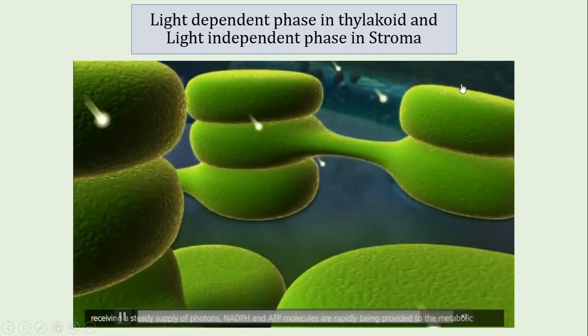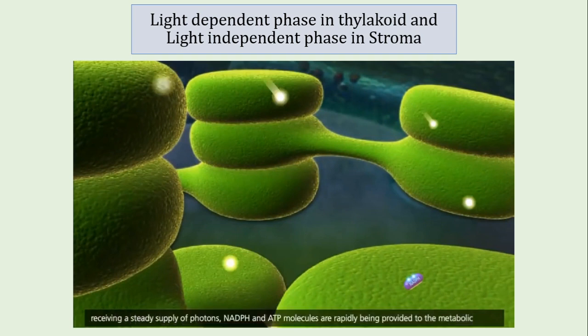We have already said that to perform the chemical reactions on the thylakoid membrane, we need light energy, but to perform the later chemical reactions in the stroma, we don't need to use the energy of sunlight. The energy will come from the energy stored inside adenosine triphosphate and NADPH. That is why the energy stored in ATP and NADPH is called the assimilatory energy.